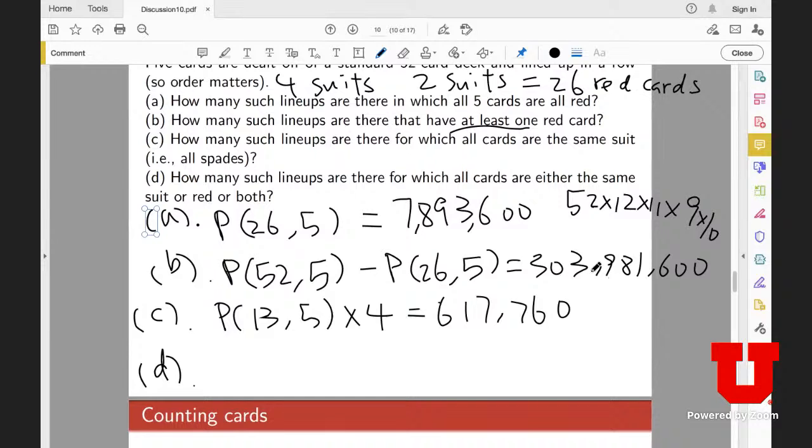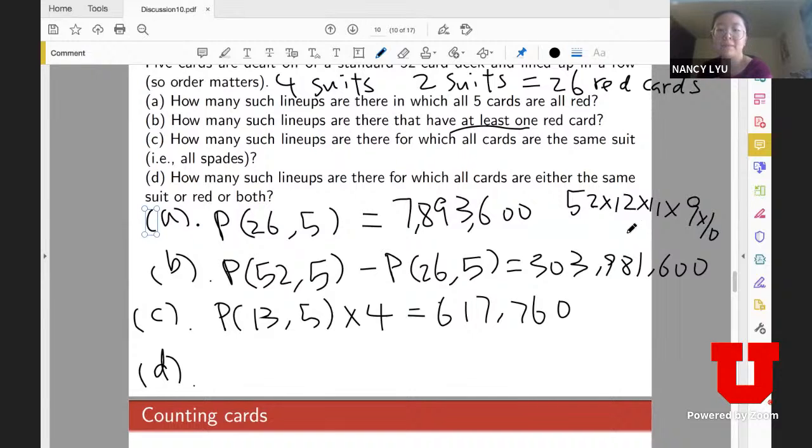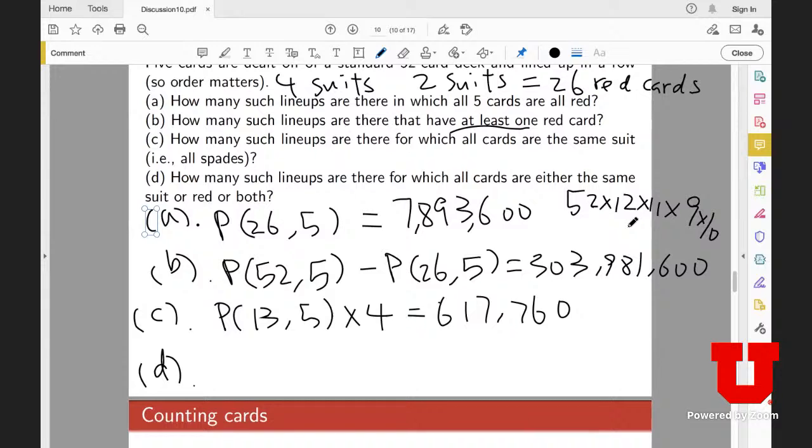So if we just write numbers like 52 times 12, we should have an explanation, right? Yeah, you would just explain how you interpret all this. So you would say for the first one you choose 52, and we have 12 options to choose from the same suit. Okay, thank you. I'll explain that.